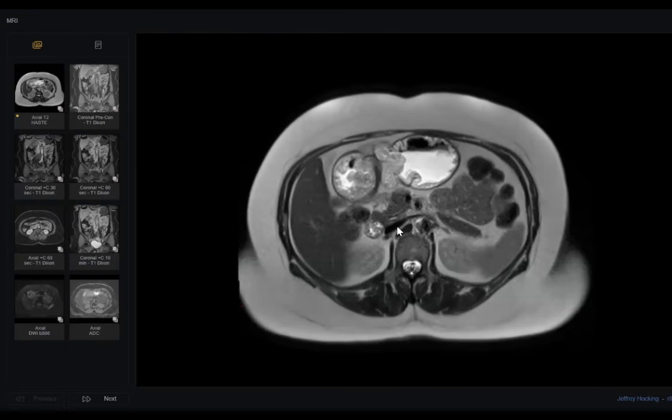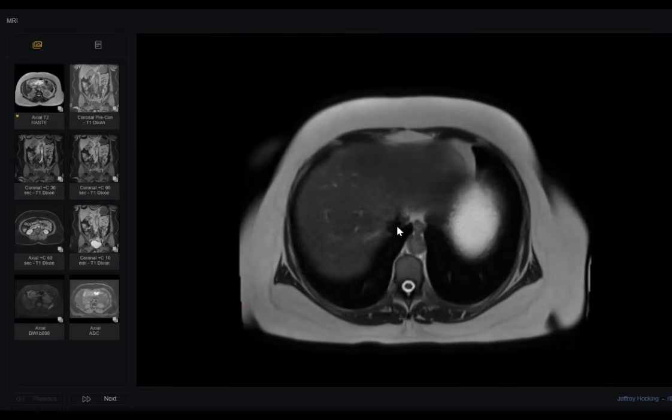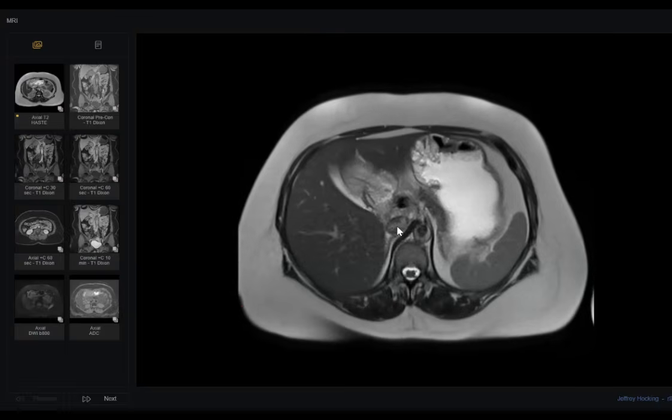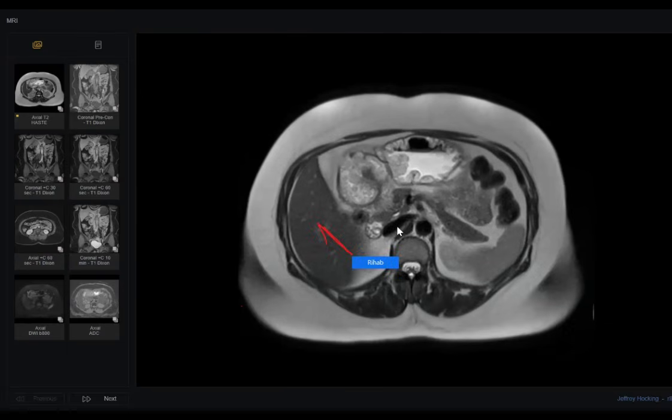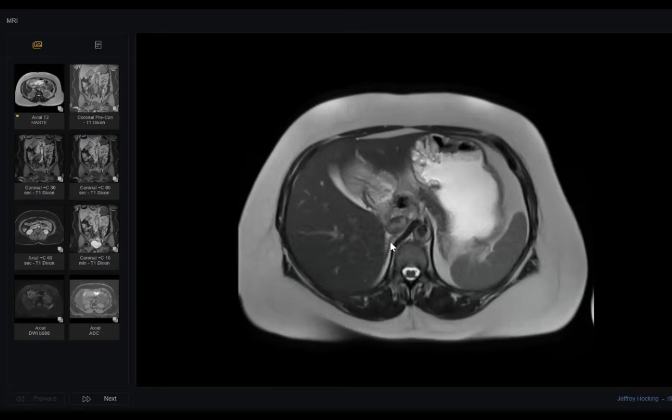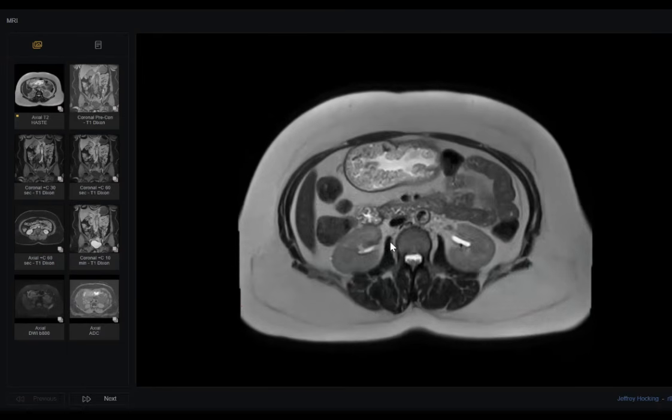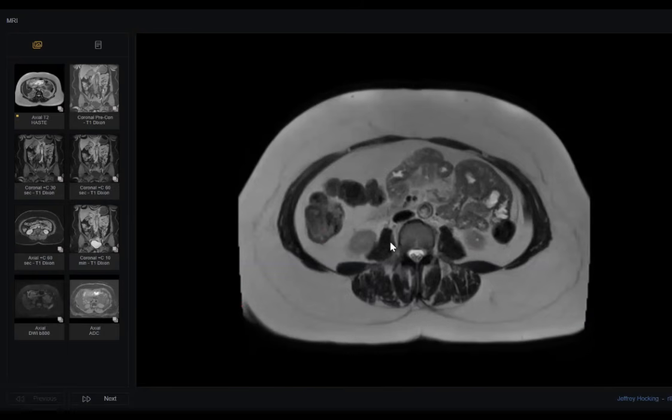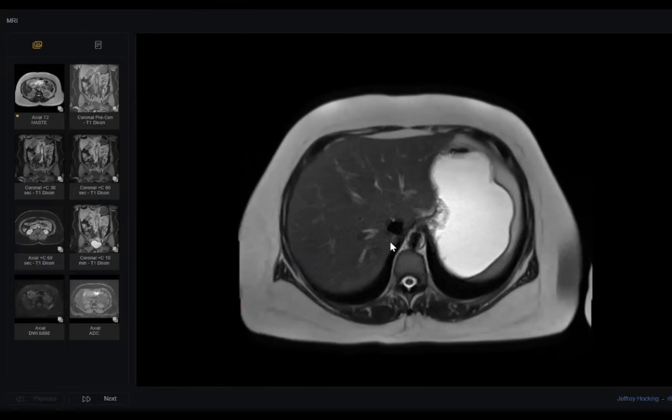There are no lymph nodes. The spleen is normal. What else? Something benign in the stomach and duodenum. Menetrier's disease, I think. Okay, but Menetrier's disease will affect all the region.